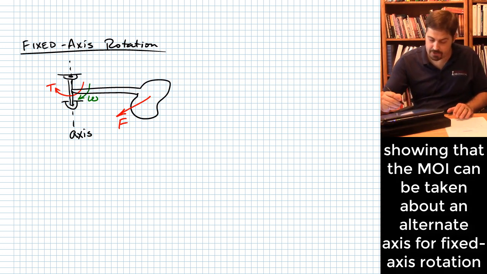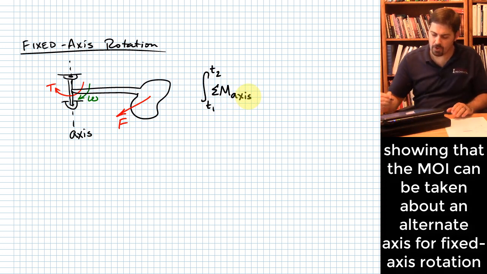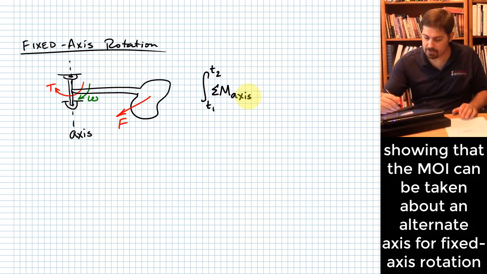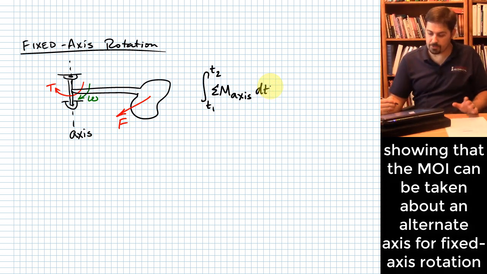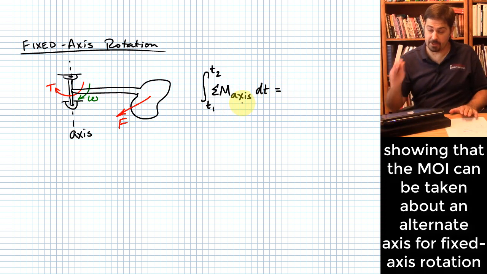So when you have this situation, your angular impulse term doesn't change, right? You still have an integral from one time to another of the sum of all of the moments, but this time we're going to specify that all of these moments are taken with respect to that rotation axis, and then with respect to time. Okay, so that part really didn't change much. The only thing we did there is make sure we're specifying that it's with respect to that axis.